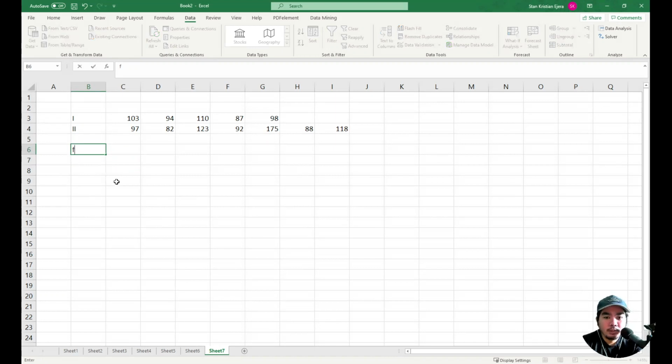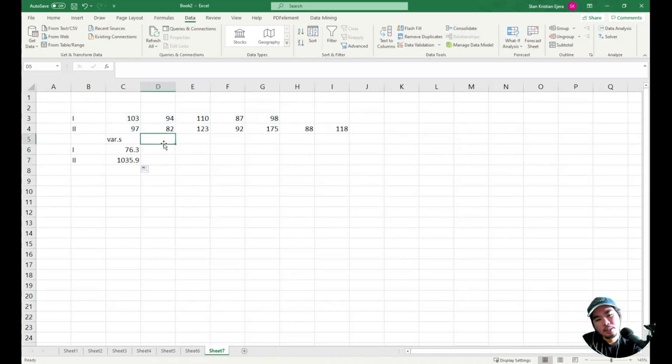The F values. Let's first compute the different variances because that is important. var.s equals var.s of this data set. Drag down. And besides the variances, do we need another count? We need count, right? Equals count.